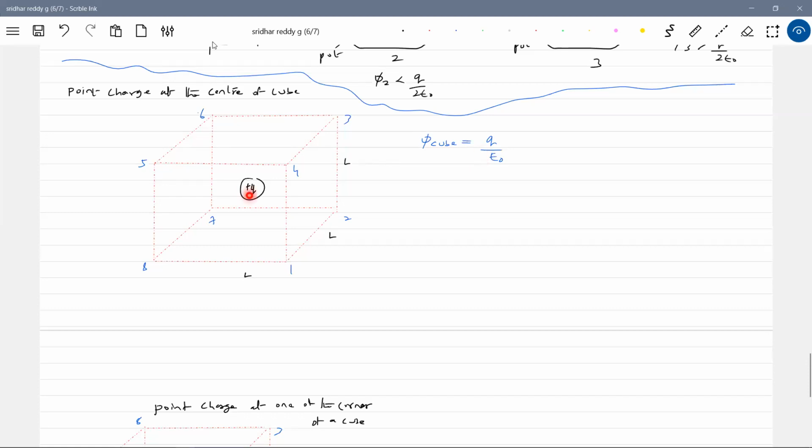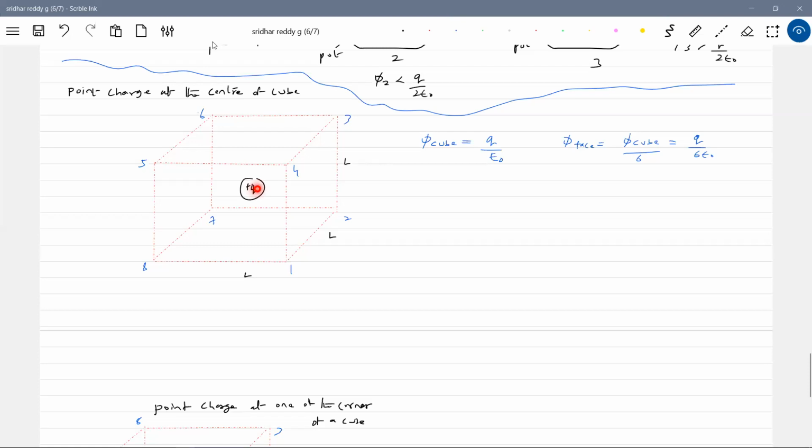Now after this, what is the flux linking each face? Shall I say 1/6 of the total? What do you mean by 1/6?